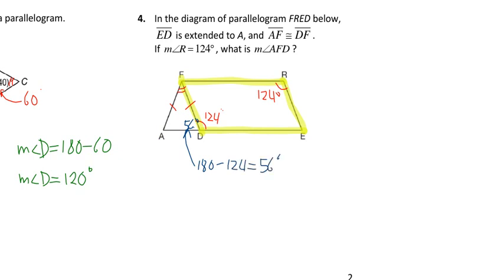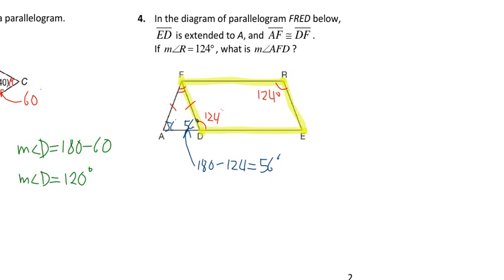And so since this is an isosceles triangle, this angle here should be equal to the angle A. So I know that this angle is also 56 degrees. And so now I can find the measure of angle AFD, which would be 180 minus the measurements that we have over here.